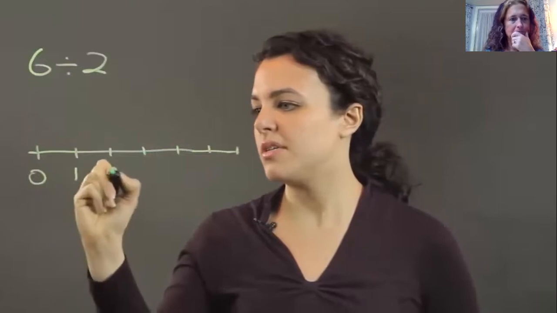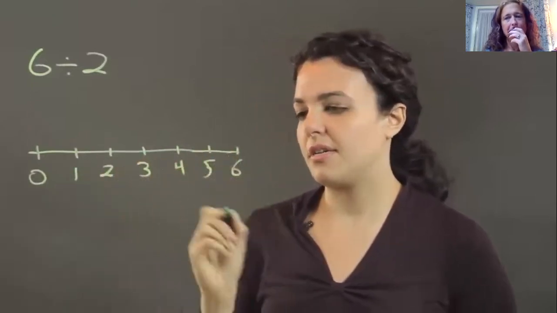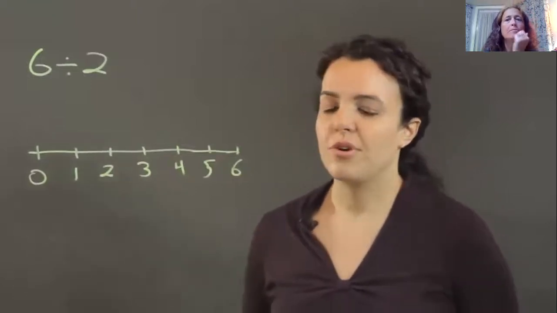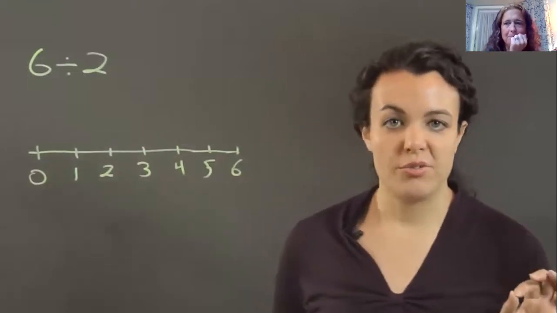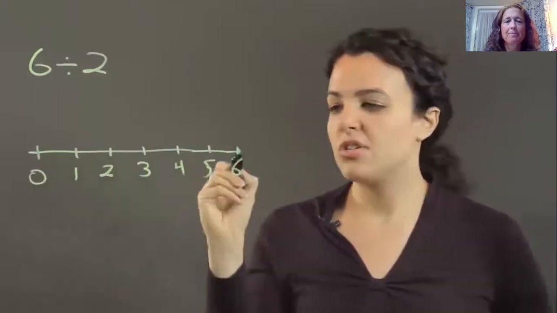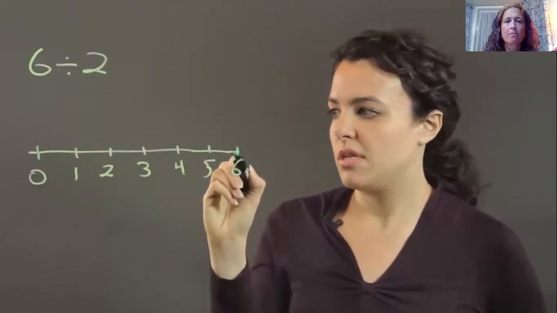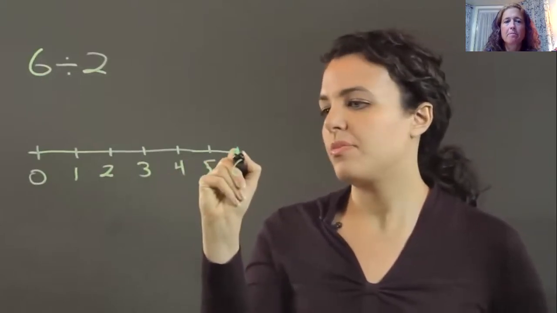Let me number these. 1, 2, 3, 4, 5, 6. So if we're going to divide 6 by 2 on the number line, we start at 6 and we just repeatedly subtract 2 until we reach 0.